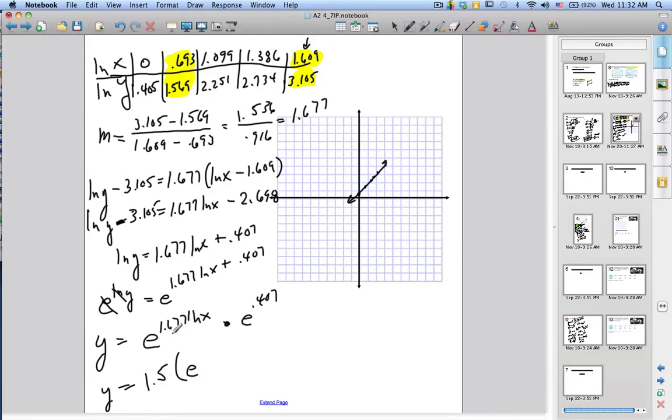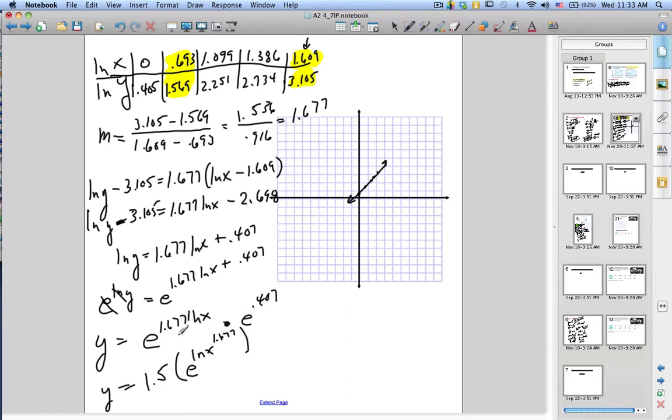Now I know that when I have this coefficient in front of a log, that could be an exponent on my x, 1.677. So I used the rules that I learned from expanding logarithms to go ahead and make that transformation.